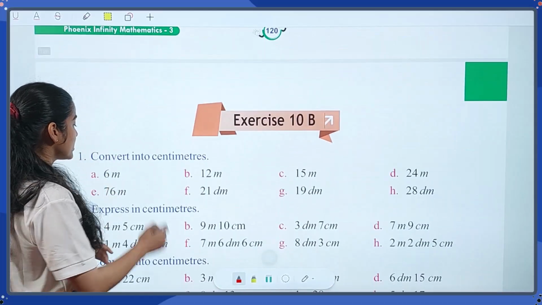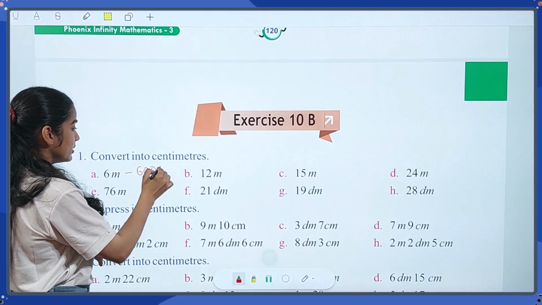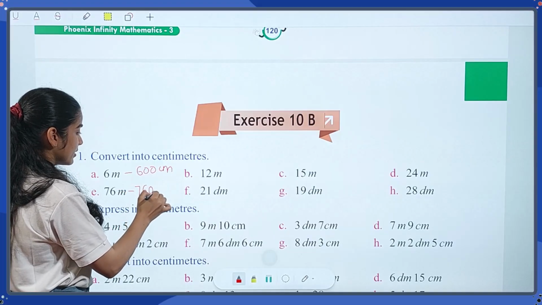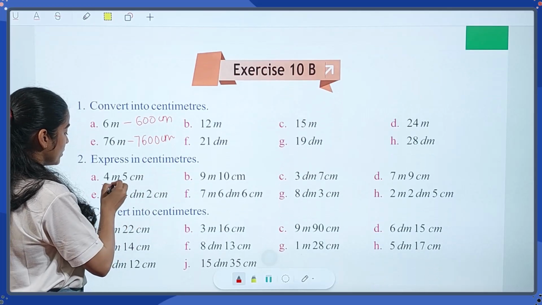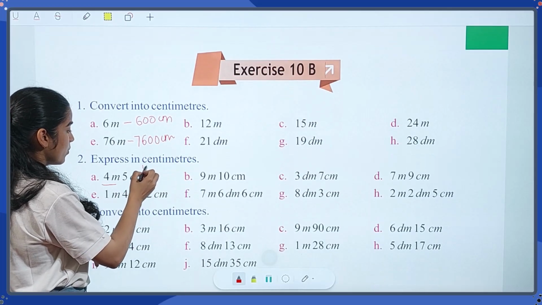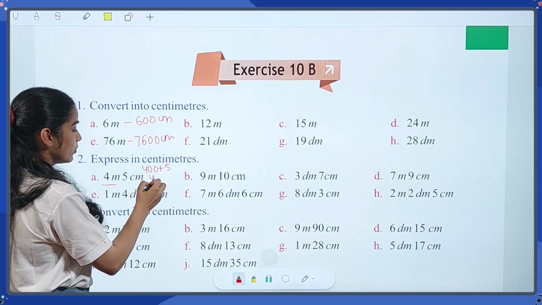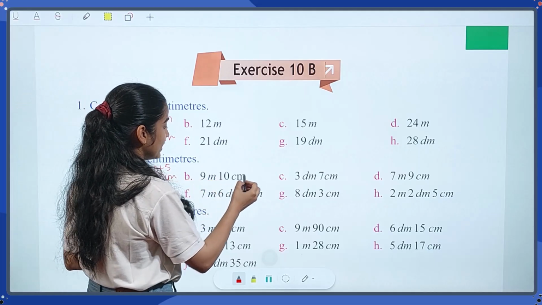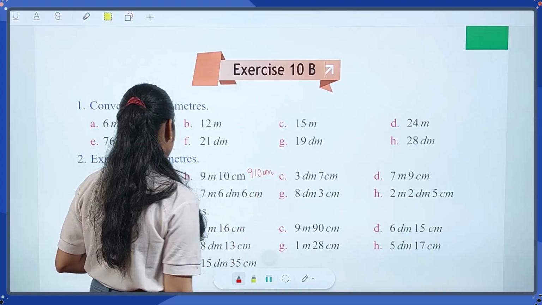You have to convert into centimeters. So 6 multiplied by 100 is 600 centimeters. 76 multiplied by 100 is 7600 centimeters. Express in centimeters. So convert it first into meters: 400 centimeters plus 5 is equal to 405 centimeters. 910 centimeters is your final answer.